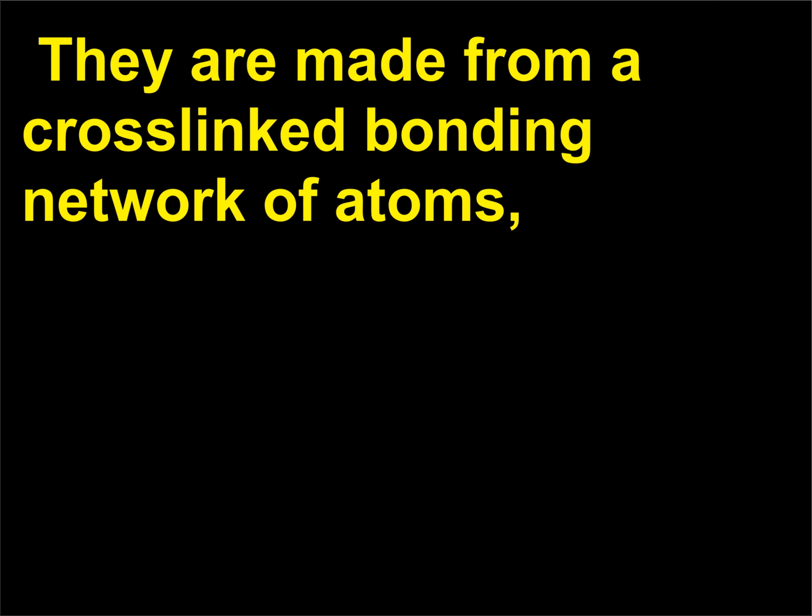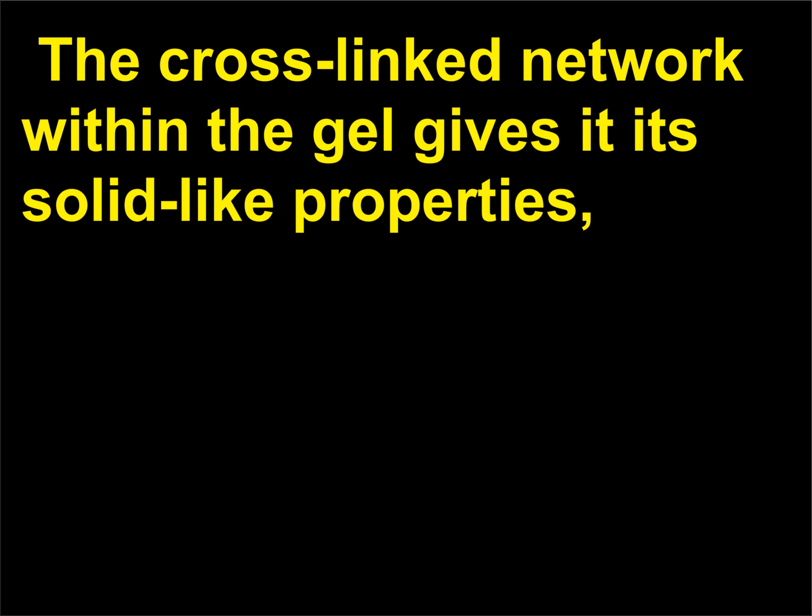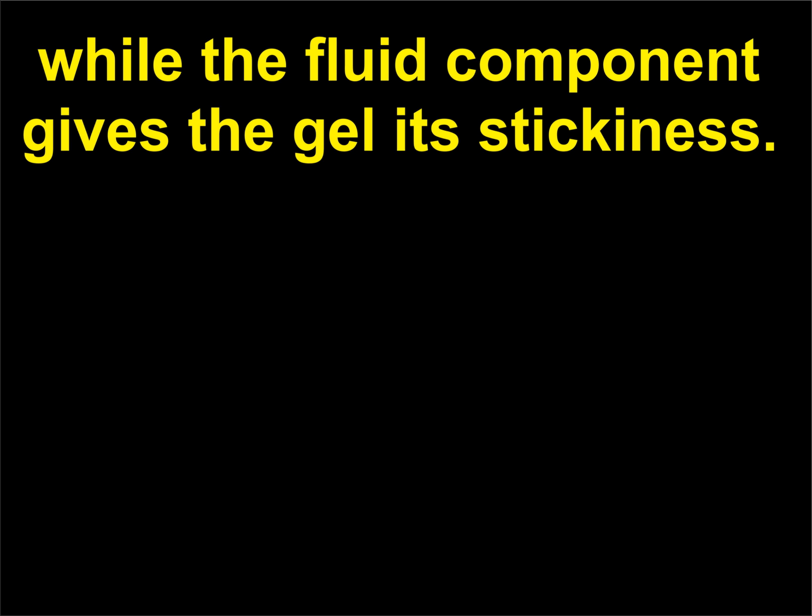They are made from a cross-linked bonding network of atoms, which actually contains a majority of liquid-like molecules by weight, but it still behaves as a solid. The cross-linked network within the gel gives it its solid-like properties, while the fluid component gives the gel its stickiness.